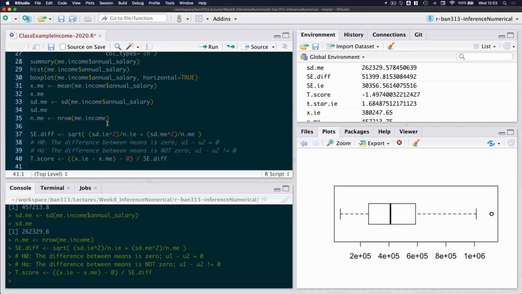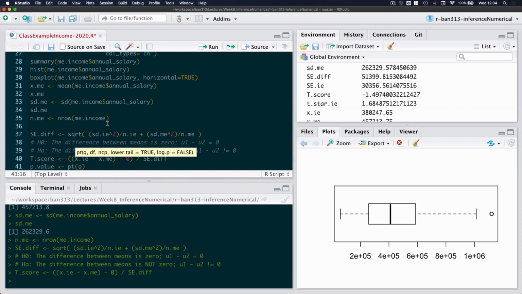Now I want to calculate what is the probability that I would have observed what I've observed in terms of the difference in the means if in fact the two distributions are the same and their means are actually 0. And for that I need to calculate a p-value. And I use the distribution function for the t distribution, pt, similar to what I've done in the past for a p-norm or p-exponential distribution.